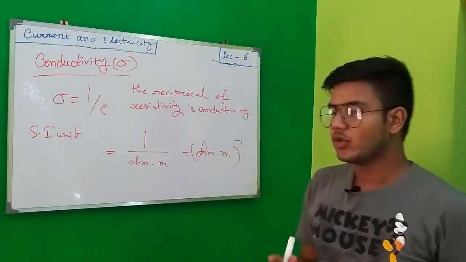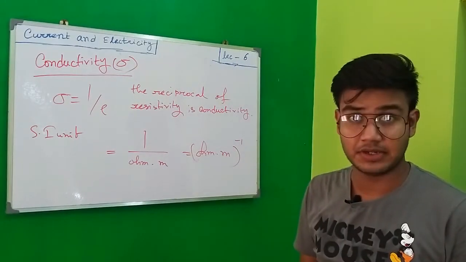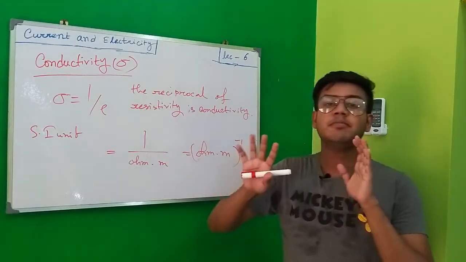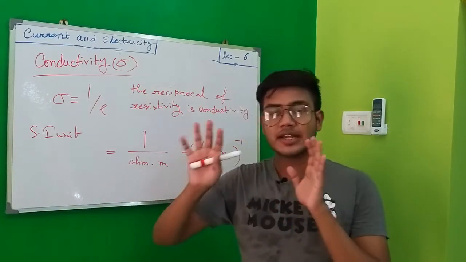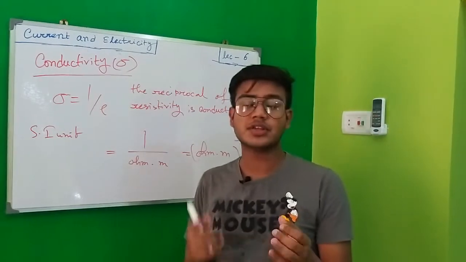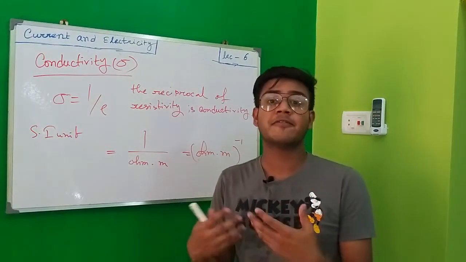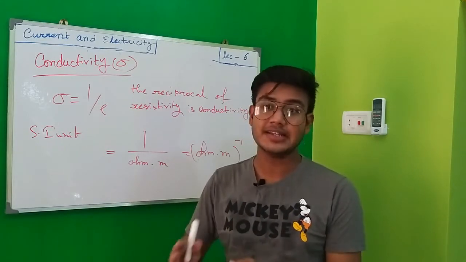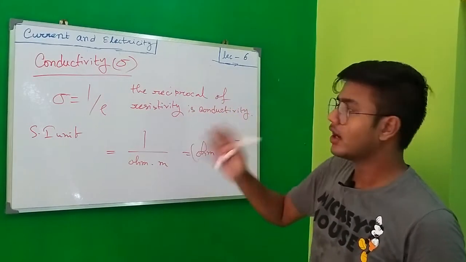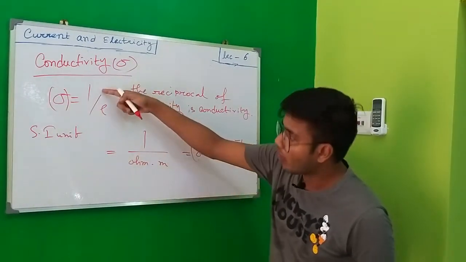Now coming to conductivity. What is that? That is totally opposite of resistivity. Resistivity actually blocks the electrons and decreases the current, while conductivity denotes the increase of current. That means how freely a wire lets the electrons flow is denoted by conductivity. Conductivity is denoted by the symbol sigma, and sigma equals 1 by rho.